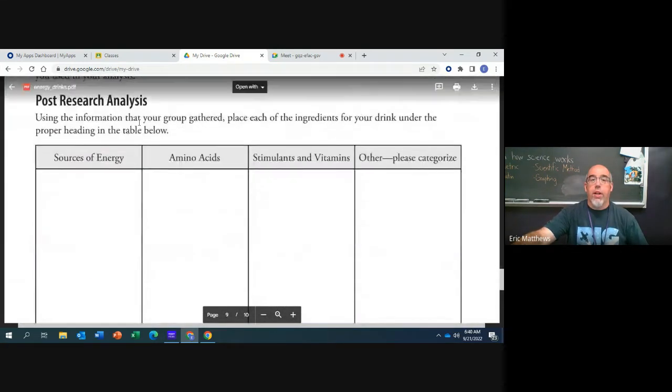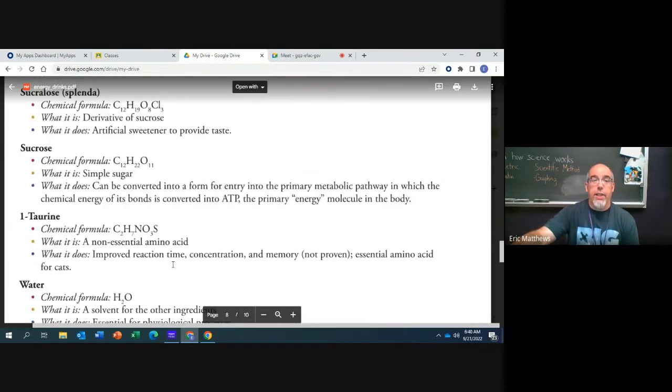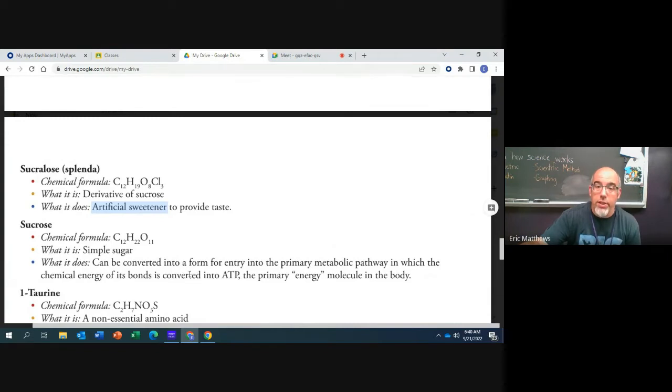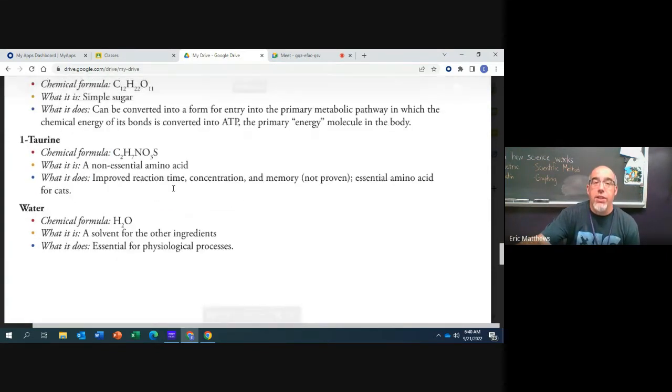So right here, take those ingredients and now place them out. What do they do? You can do this part and determine which ones are which by using these ingredient things. They tell you it's a sweetener, so that's going to be a carbohydrate. Hopefully you will get the idea as you go through this.